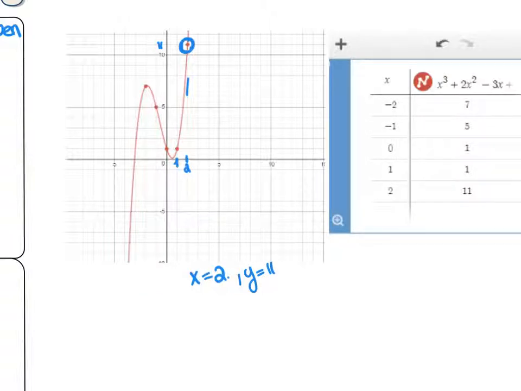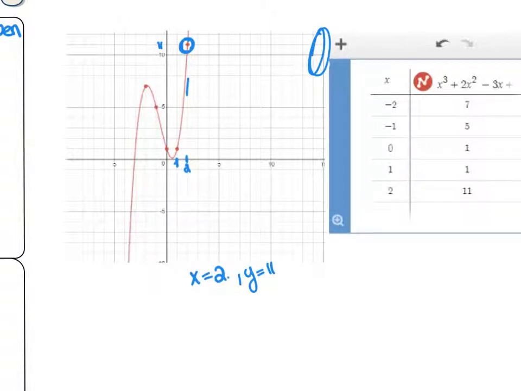You might have to do some zooming in or zooming out, which is really easy to do on Desmos. You would just push the plus and minus on the side, or go to your settings and change the window, which you guys can practice if you need to.